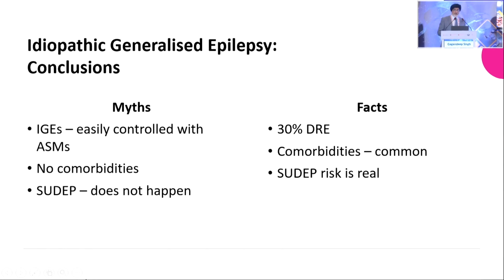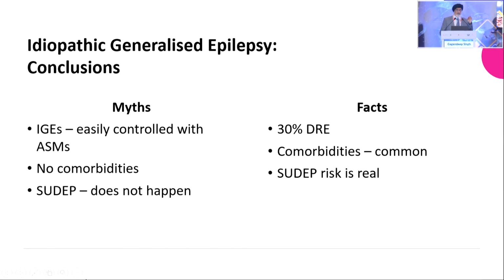It is often believed that people with idiopathic generalized epilepsy do not have any comorbidities, but comorbidities can occur. This is typical personality of JME, which you should recognize, right? Irritable, agile, unable to make decisions, right? Undecided person. So comorbidities are common in idiopathic generalized epilepsy.